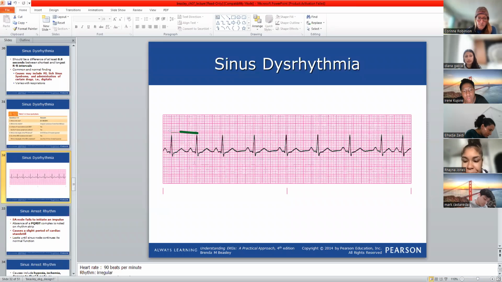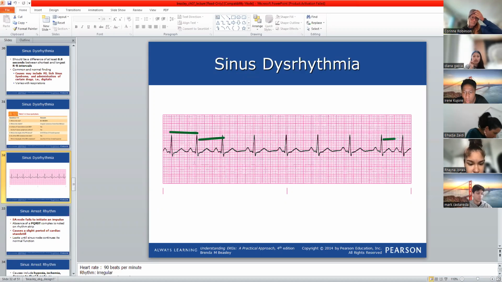This distance, and this distance, and this distance. Similar or not? Similar.